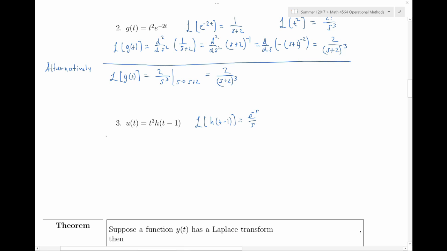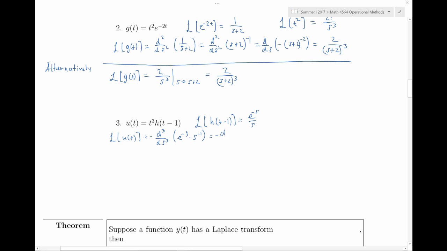Alright, if we try to do the three derivatives of that expression, that's not so easy, but doable. So we're taking minus the third derivative of e to the minus s over s. Let's rewrite it as e to the minus s times s to the negative 1.